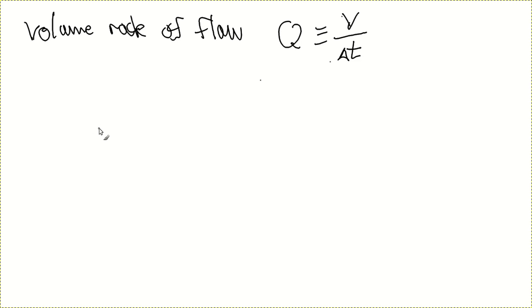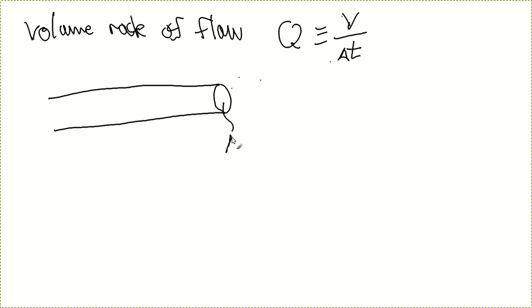Now, if we consider for a moment a pipe, garden hose, something like that. Let's say it's a circular pipe. So there's some cross-sectional area A of this circular pipe, and there's some fluid flowing through it with velocity.